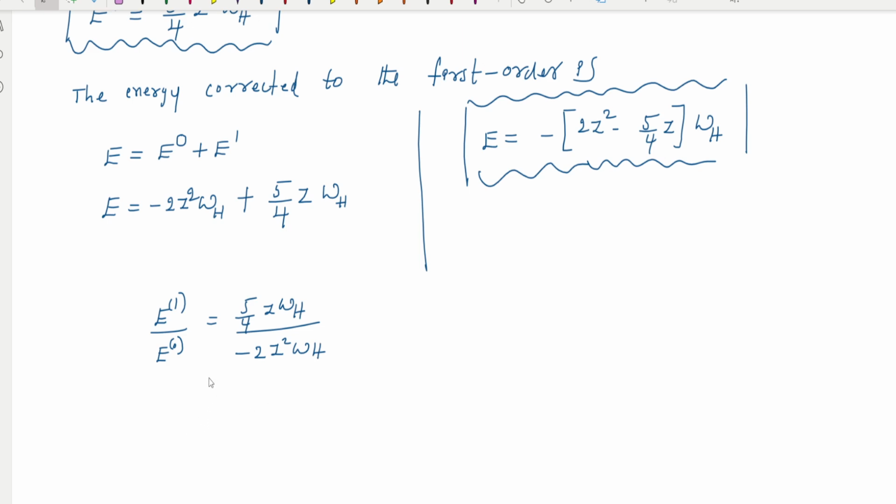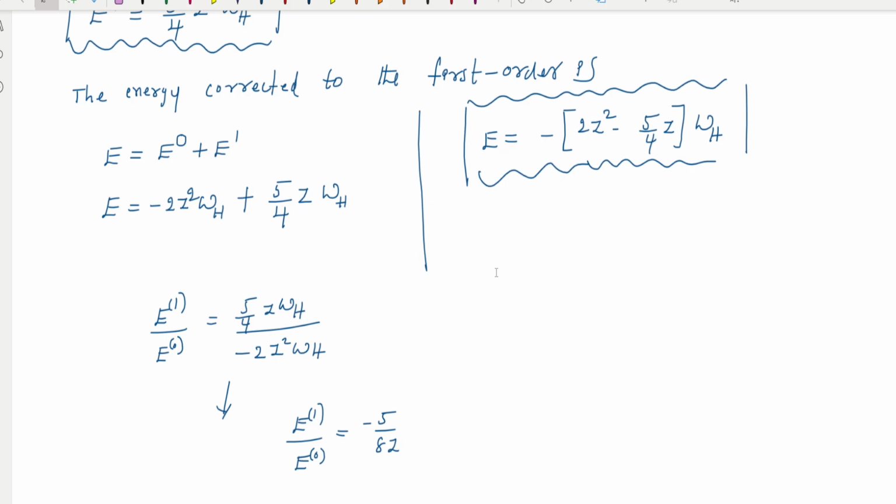So by using this term, E1, I mean the first order correction to the ground state, we focus on this one, 5 divided by 8 Z. The correction is subtractive, which is understandable since the effect of the electron-electron interaction is to reduce the electron-nucleus attraction.